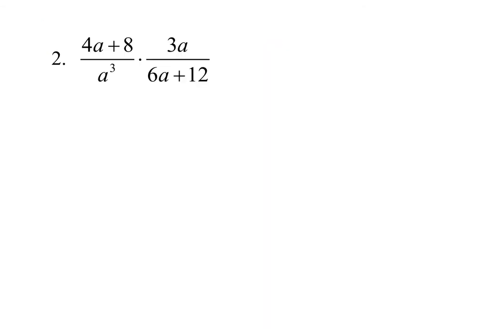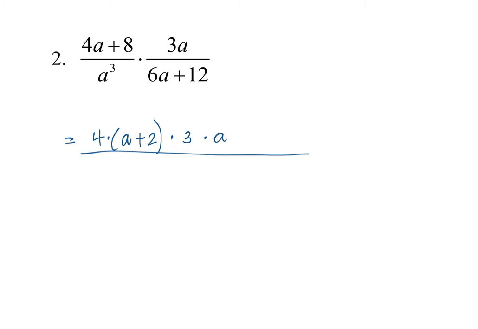So number 2, remember that first step is to make sure that everything is factored. 4a plus 8 has a GCF of 4. If you factor out a 4, you're left with a factor of a plus 2. And then we have a 3, which is prime. We have an a, which is just written as a.